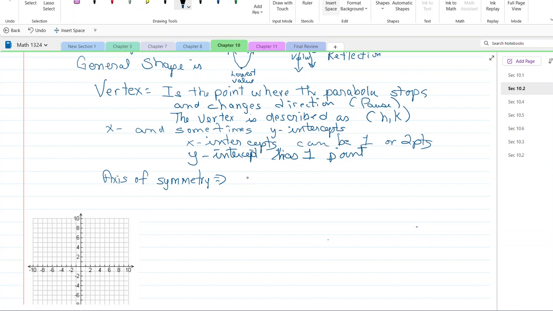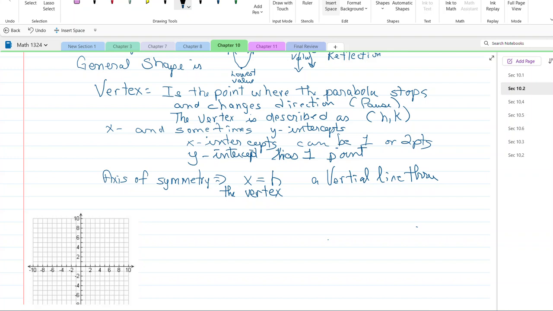That is when x equals a horizontal line at h. I mean, a vertical. I'm so sorry. That's why we mentioned that the vertex is an H and K.